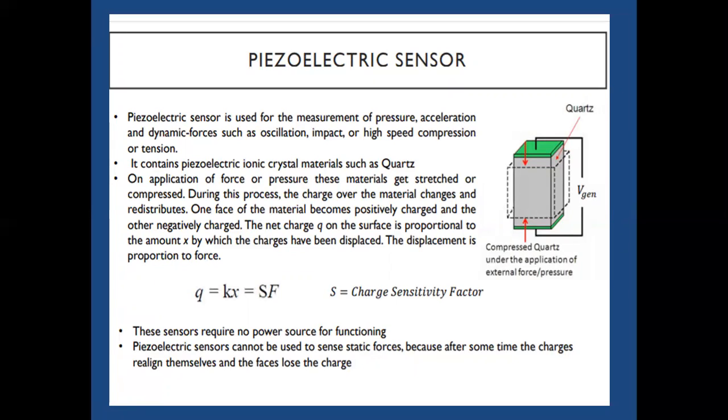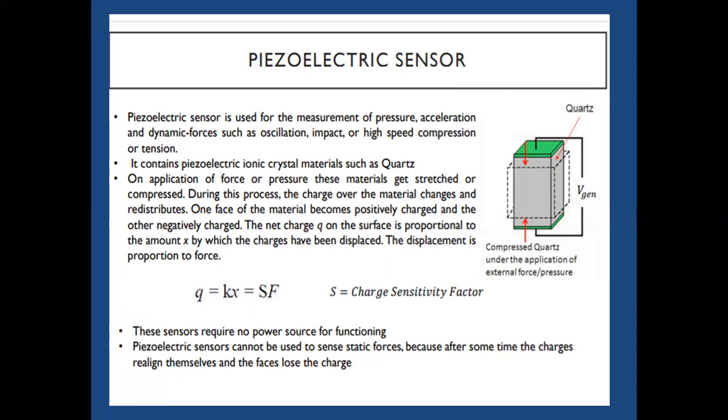On application of force or pressure, these materials get structured, that is, they change dimensions, changing their volume. Whenever force or pressure is applied, these materials get compressed.